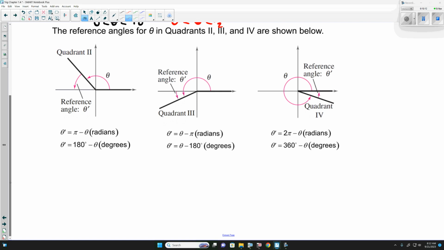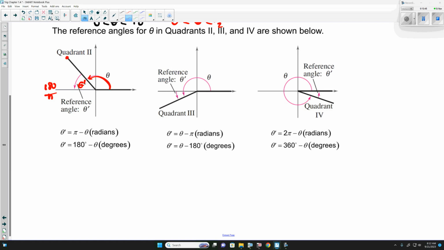Now the others. In quadrant 2, here is 180 or pi. Whatever angle they give us, this theta value, we're going to subtract it from pi, or from 180, to get what they call theta prime, this angle here. Those two angles, theta prime and theta, are what we call supplementary angles. They add together to be 180.